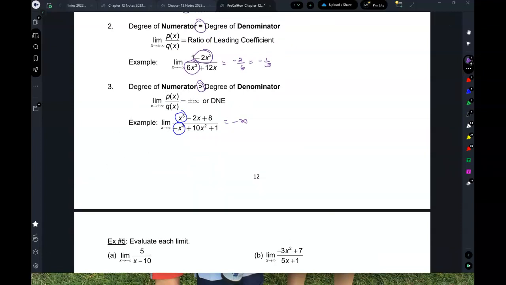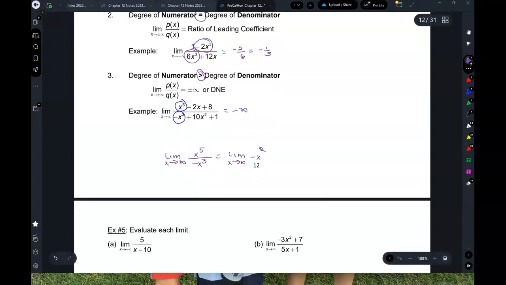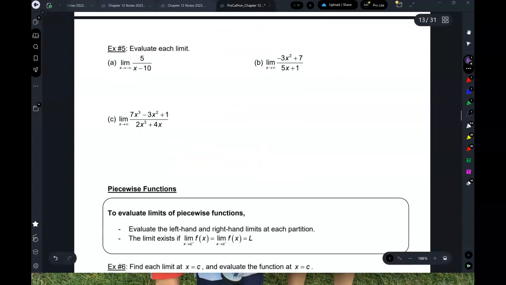So x to the 5 over negative x cubed reduces to negative x squared, right? So if it's negative x squared and x goes to infinity, then it's going to go down to negative infinity. Okay, so what about this one?